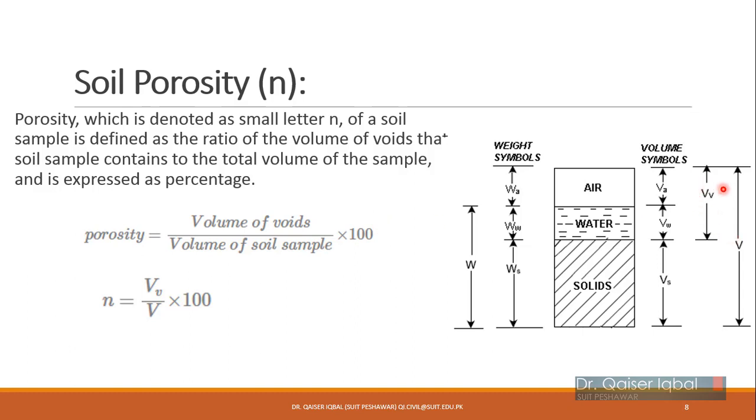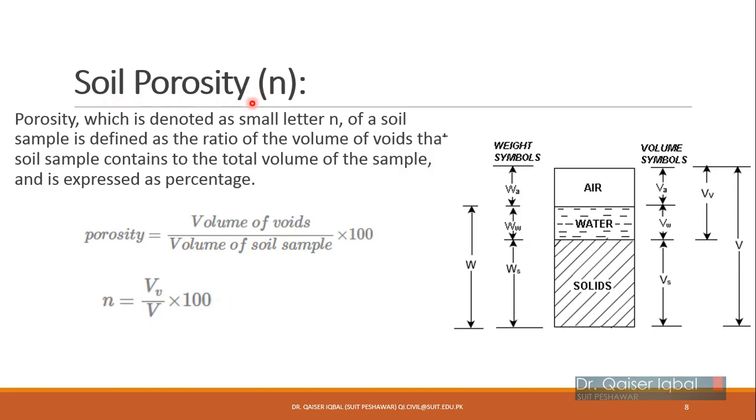So volume of voids divided by volume of whole soil sample is basically porosity. You can represent it by volume of voids divided by V, multiplied by 100 sometimes as well. Sometimes it is expressed as a percentage and sometimes it is written as a ratio as well.